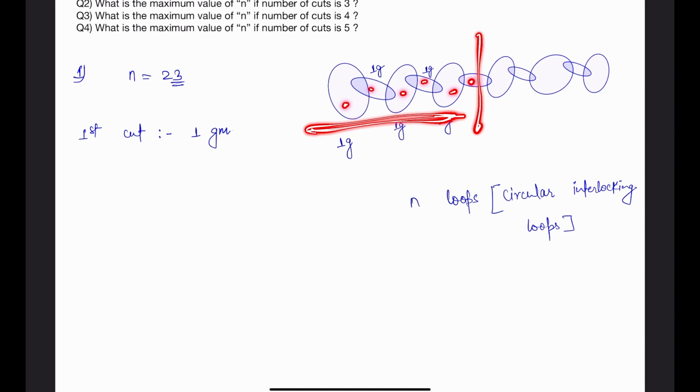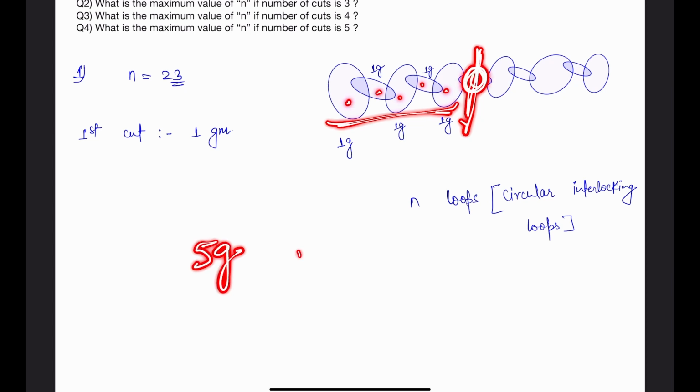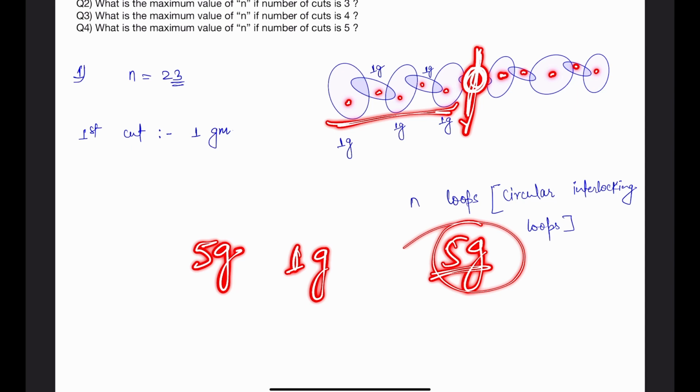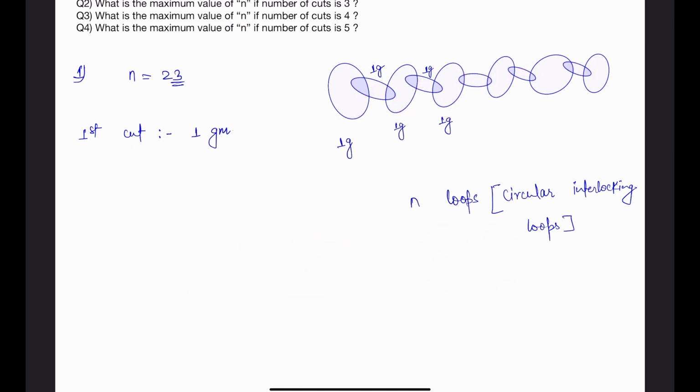She gets 5 grams here. This cut part she will get 1 gram, and the remaining part 1, 2, 3, 4, 5 grams. So as of now I know that to measure 1 gram of gold, she made the first cut, but where she made it I am not sure as of now.